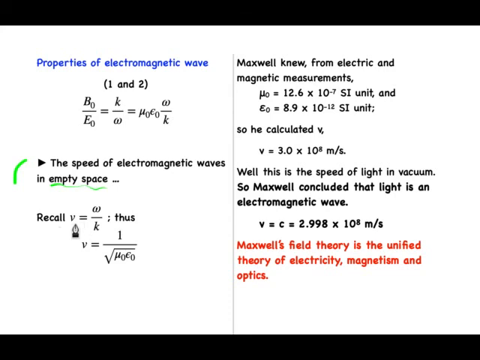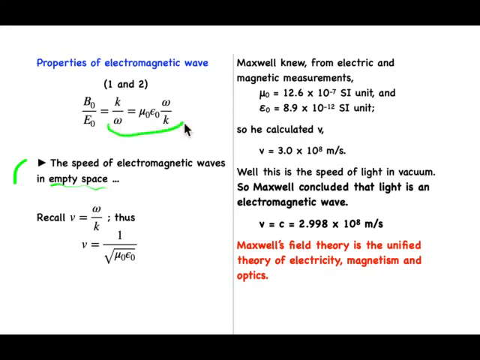Go back to where we talked about harmonic waves. Remember, the wave speed was omega over k. That's just a general property for all harmonic traveling waves. So the speed is omega over k. Look at this equation.